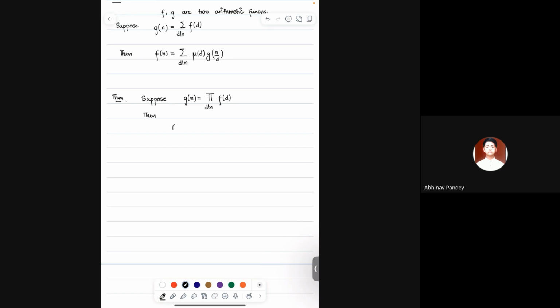So then f(n) is the product over d dividing n of g(d) to the power mu(n/d). Or you can write it as g(n/d) to the power of mu(d). Notice that if d divides n, then n divided by d also divides n.